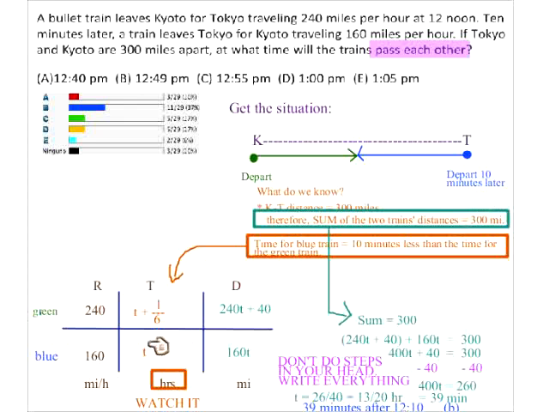It's 10 minutes later. So this 10 minutes is 1/6 of an hour. So this train is going for 10 minutes longer than that one is, so you add that much time. You could also have made this one t, and then this one would be t minus 1/6 of an hour, but you would still have to do the 1/6 of an hour.